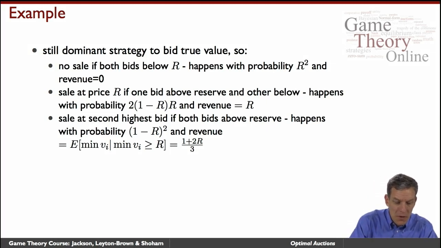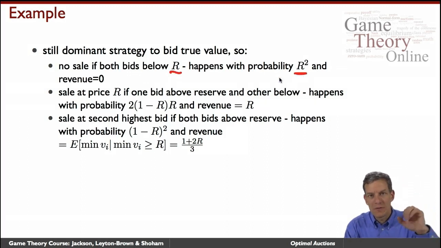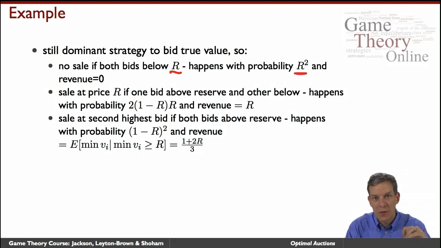So if both bids are below R, that's going to happen now with probability R squared, because people are bidding truthfully. So the chance that they're both below R with independent draws of a uniform distribution, the probability that any one of them is below is R. So the probability that both of them are below is R squared.